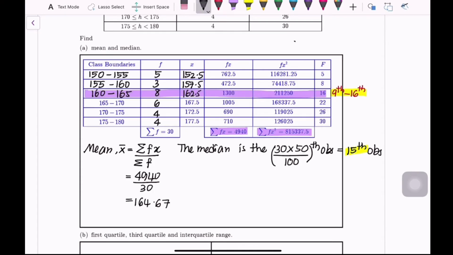By using the formula, the median is equal to the lower boundary for the class median, which is 160, plus n times k over 100, which is equal to 15, minus the cumulative frequency before class median, which is 8, over the frequency for class of median, which is 8, times C, which is 165 minus 160, equal to 5. So the median is equal to 164.375.